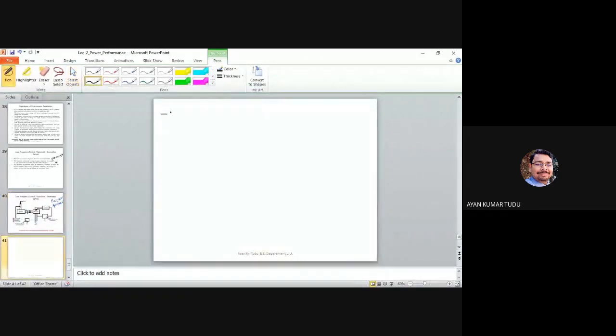The excitation voltage control is fast acting, with the major time constant being the generator field. Let this be our tau 1.